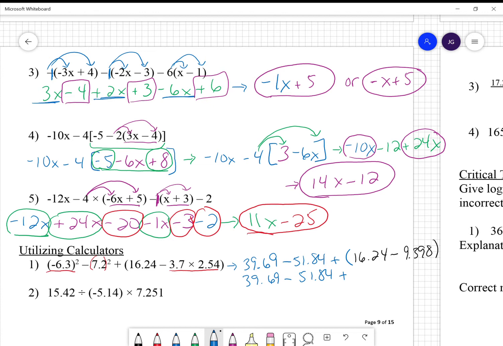When I do my parentheses, I get 6.842. And then when you combine all of those, I get negative 5.308.